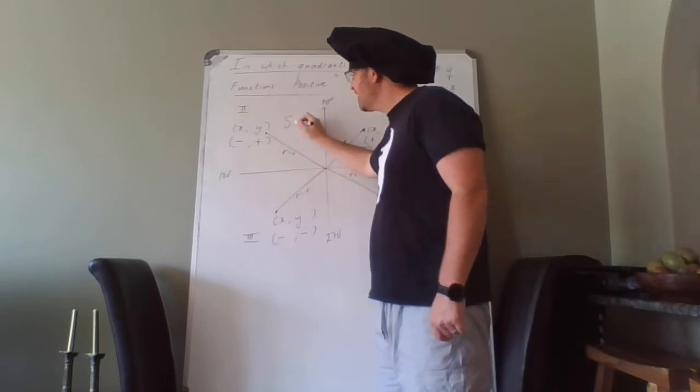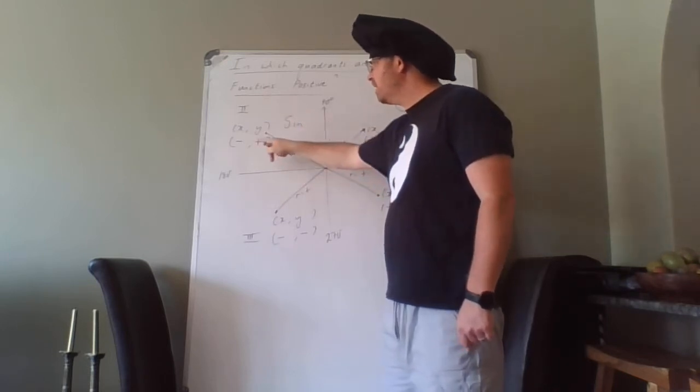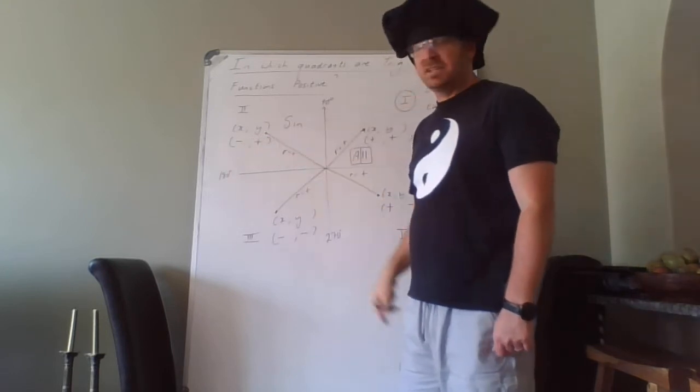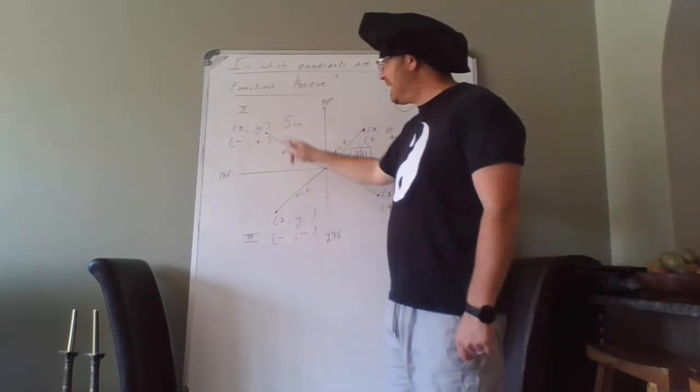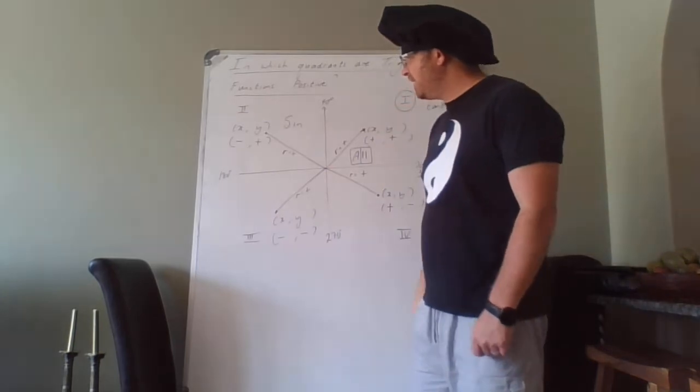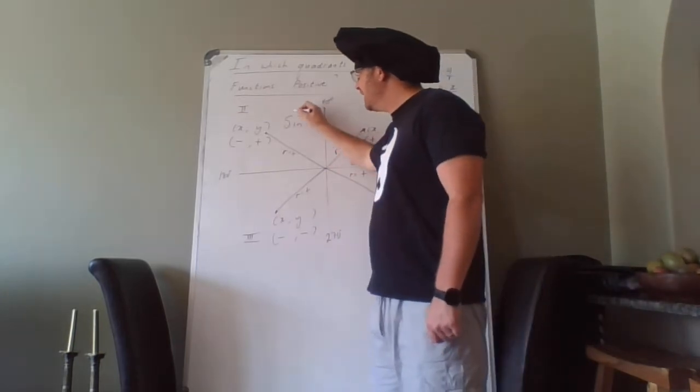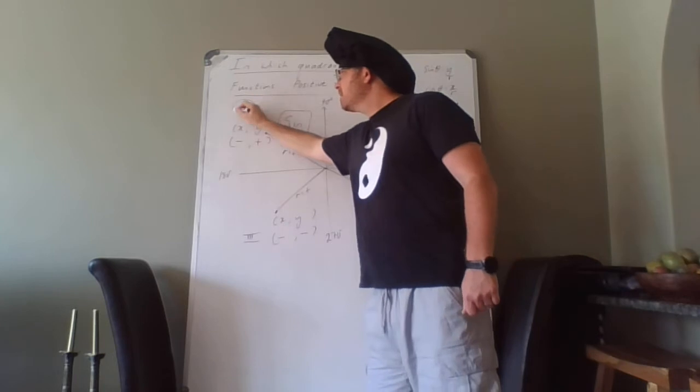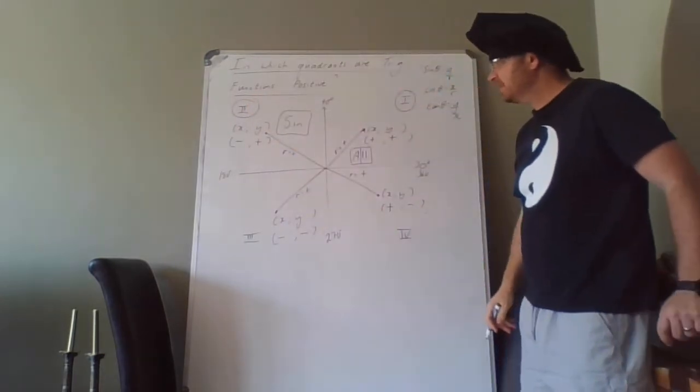So sine is going to be positive. Cos, however, will be x over r, which is negative over positive, which is negative. And tan will be y, which is positive, over x, which is negative, which will also be negative. So in quadrant 2, the only trig function that's positive is sine.